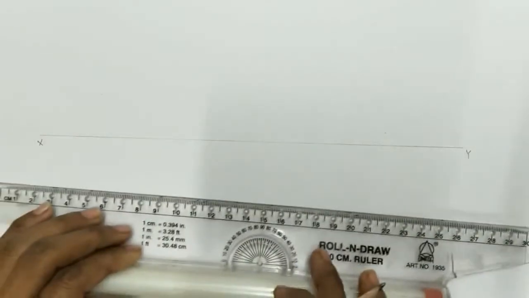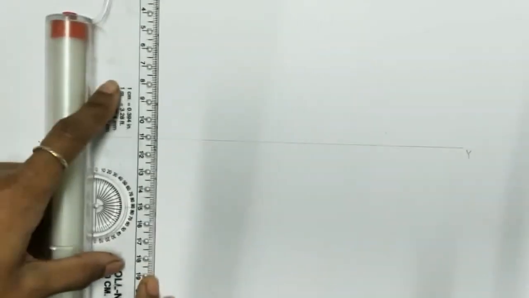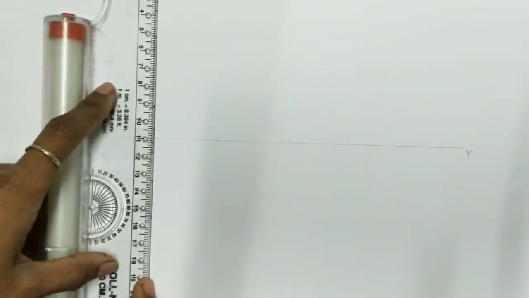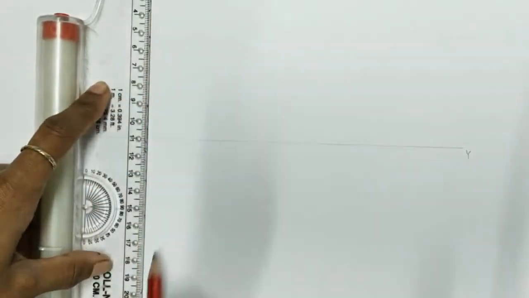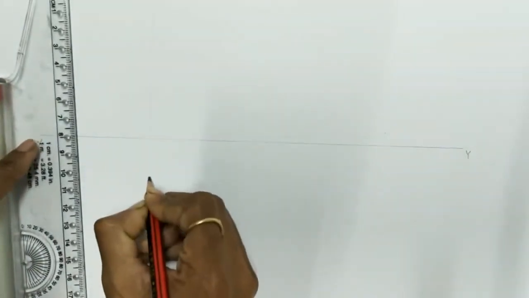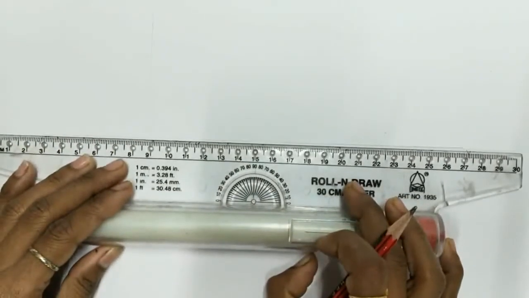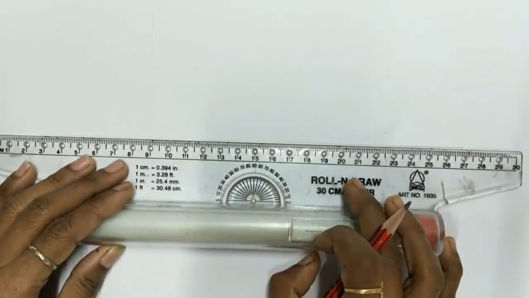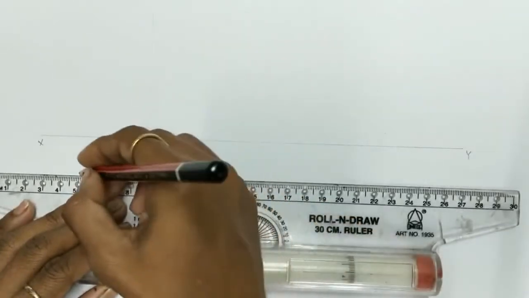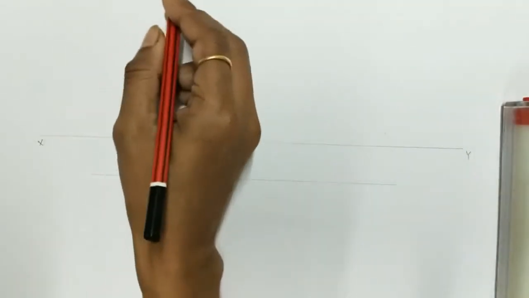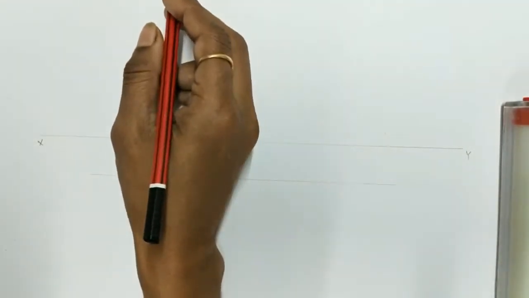plane. So I will draw one random line and take a point on this line. So from this point, draw a horizontal line, and from this point we will draw a square pyramid having side 35 mm, as given.